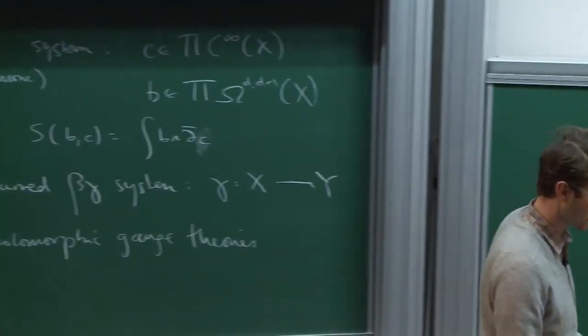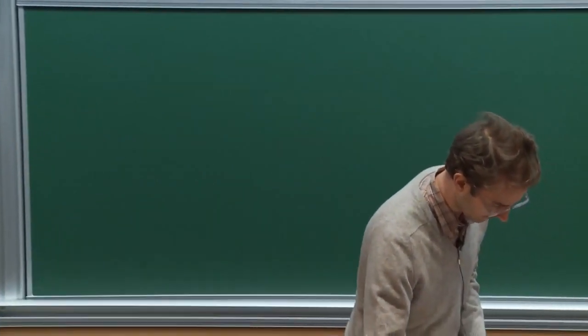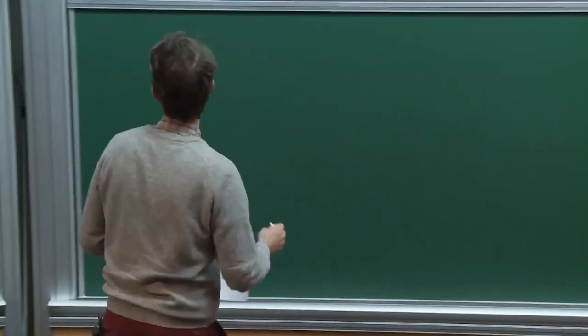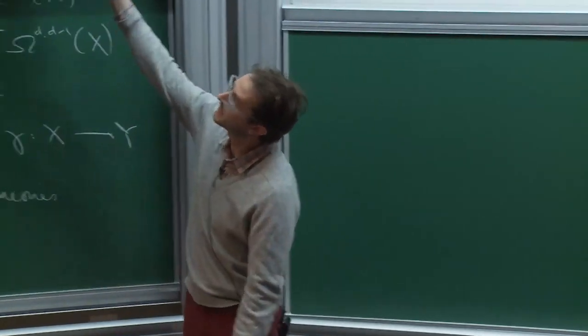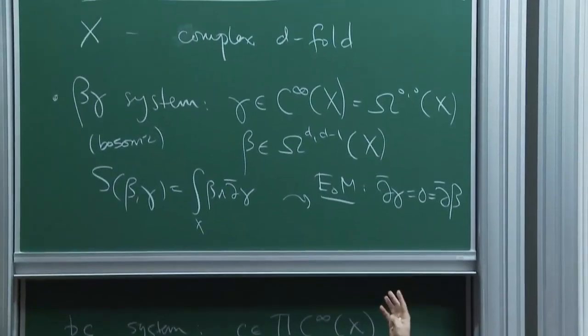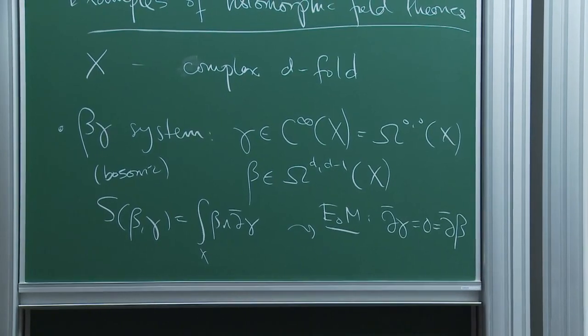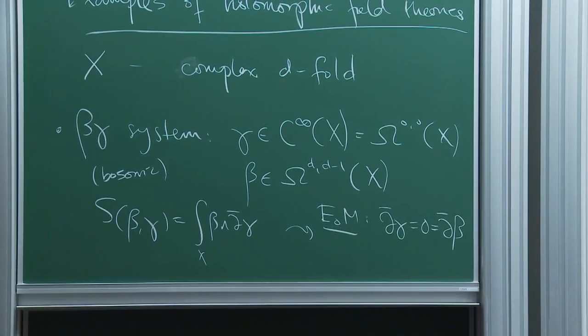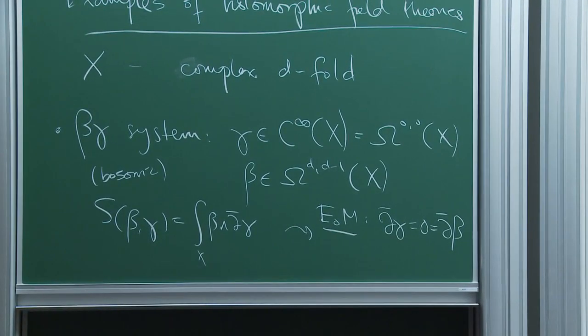So let me introduce what I mean by symmetries. I'm going to focus on the beta gamma system today because it's a very easy system, and hopefully you can track what's going on there pretty quickly.